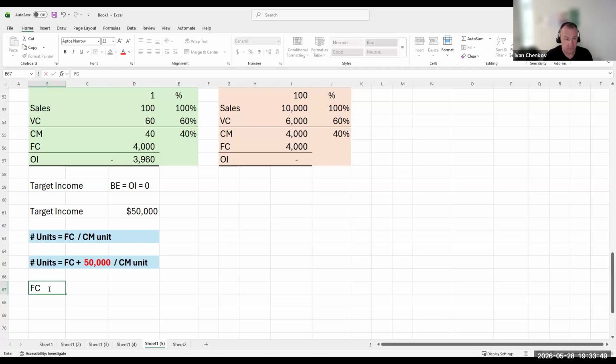Fixed cost is equal to $4,000. Target income, we already said that we want to be $50,000. Let's move this one right here.